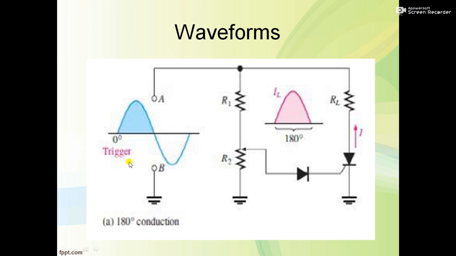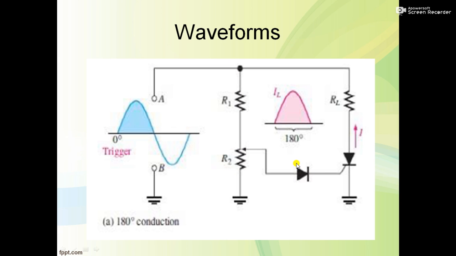When we apply a positive half cycle between points A and B, the positive half cycle comes across this potentiometer and the diode becomes forward biased.